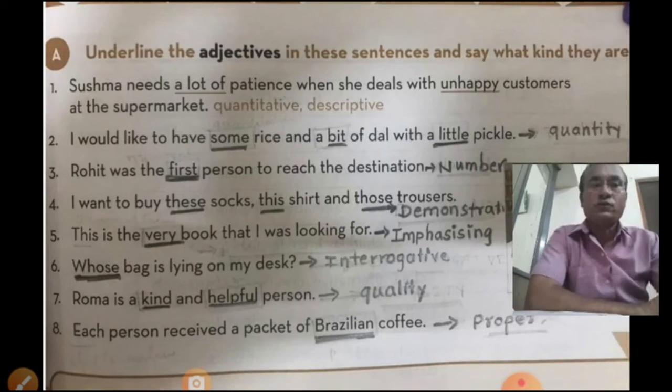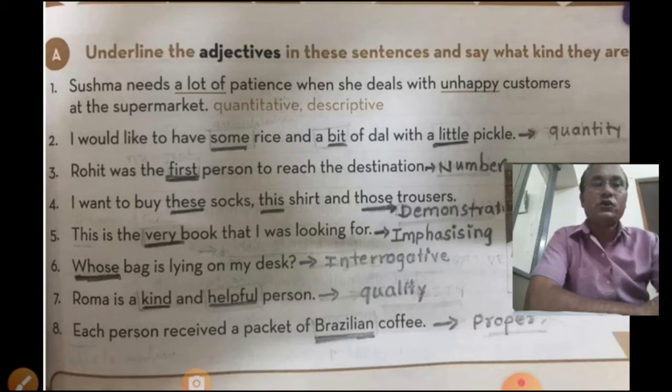Underline the adjectives in this sentence and say what kind of adjectives they are. First has been given. Sushma needs a lot of patience when she deals with unhappy customers.